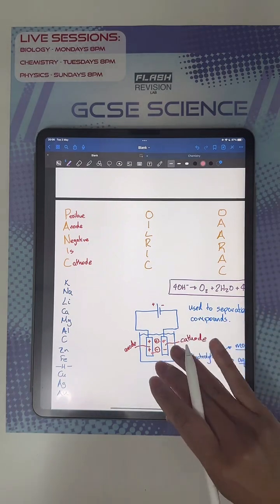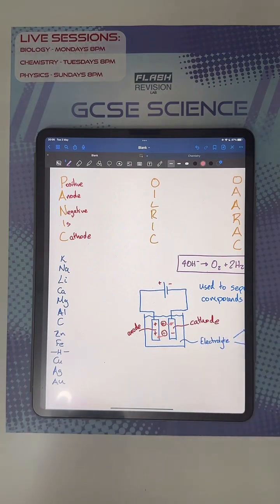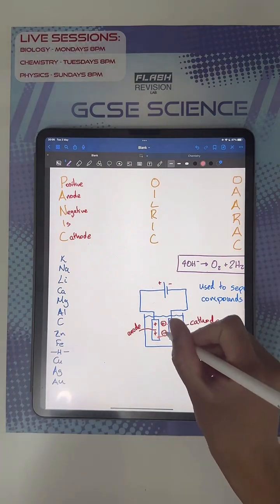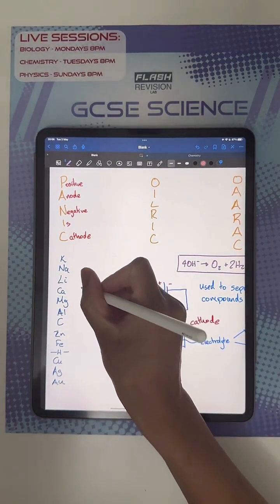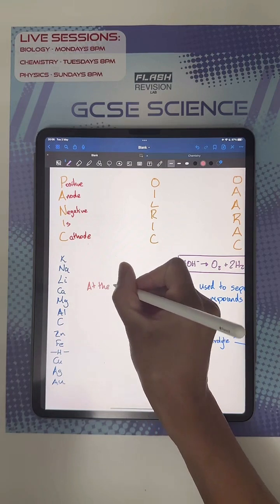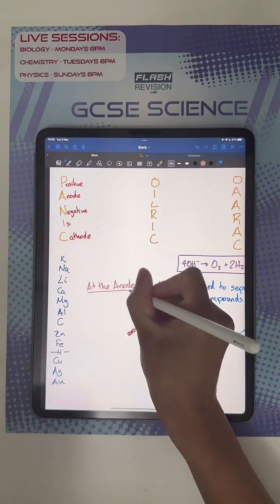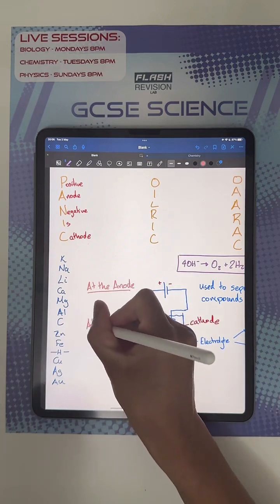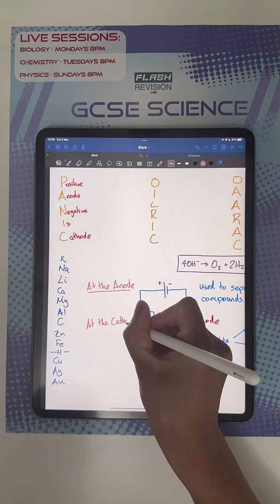So two types of reactions happen. You have a reaction at the anode and a reaction at the cathode. When the negative ion goes to the anode, let's write this down. At the anode and at the cathode, two different things happen.